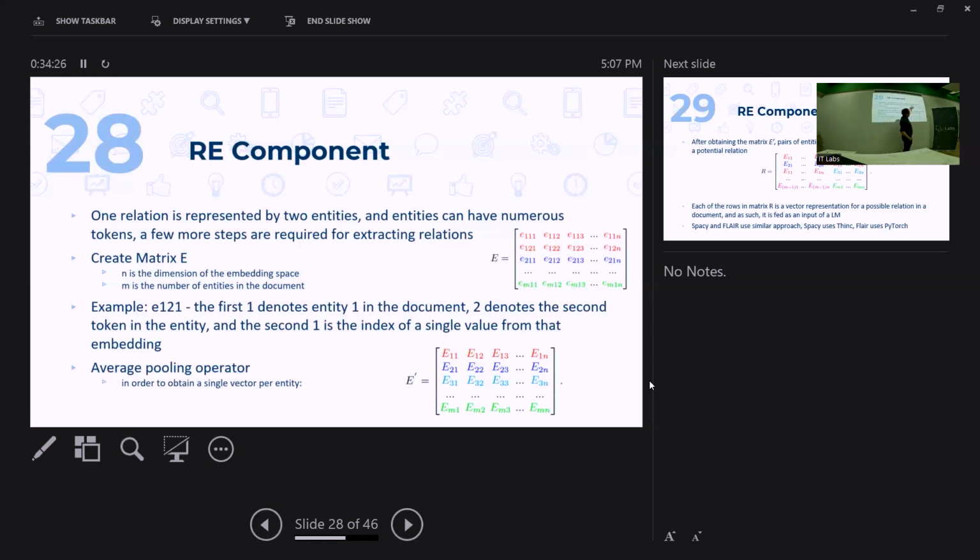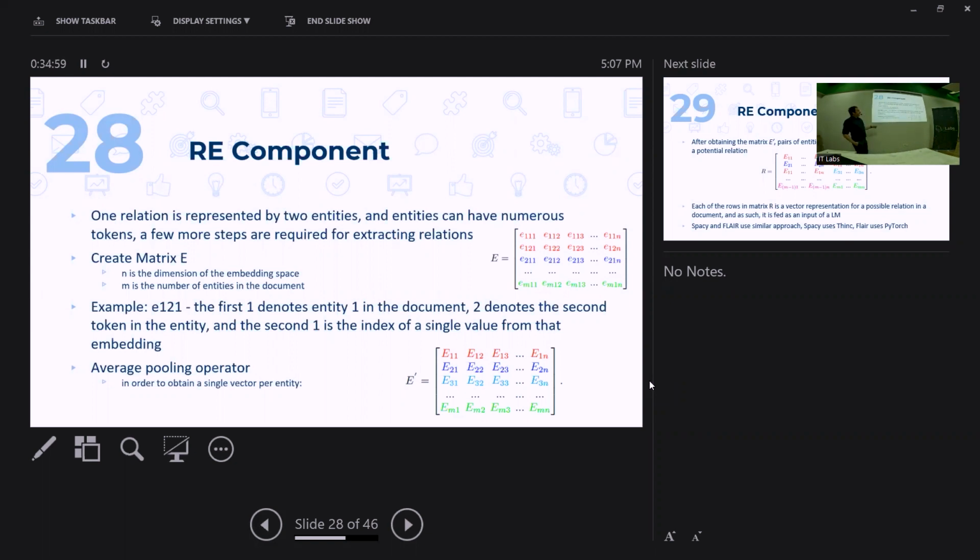So actually the document has M entities, okay? These are the first word, the second word, and so on, of the first entity. And if you go with the number of columns, the number of columns is actually the size of the vector, which is the embedding model, actually 768. Depending on the model, but here for BERT, we use 768.